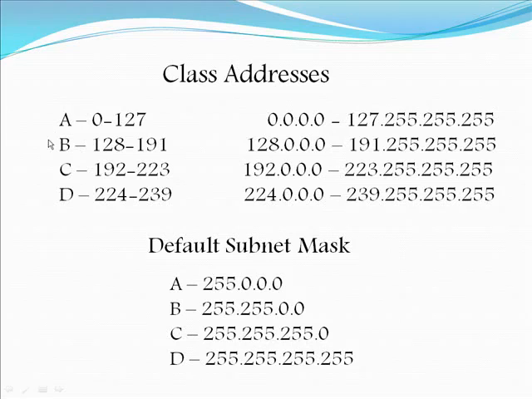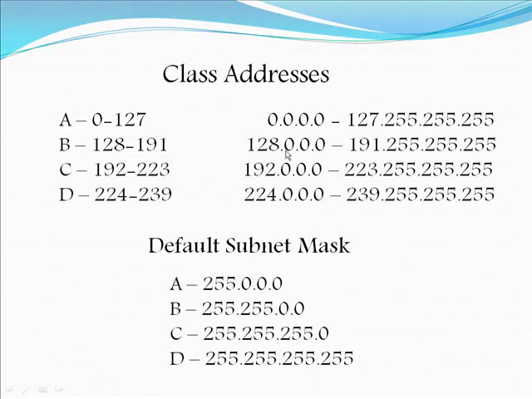Okay. Class B addresses are 128 through 191. Once again, this encompasses 128.0.0.0 through 191.255.255.255. I'll explain exactly why we start at 0, which will make sense to most of you.